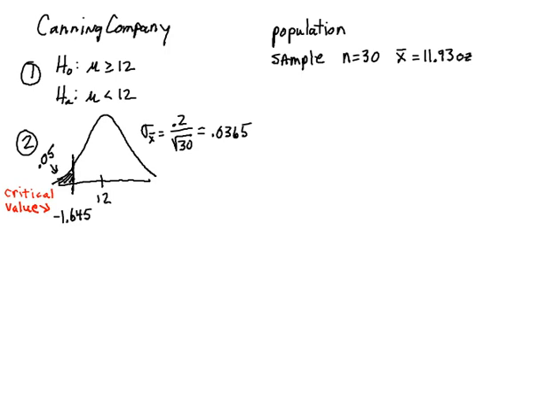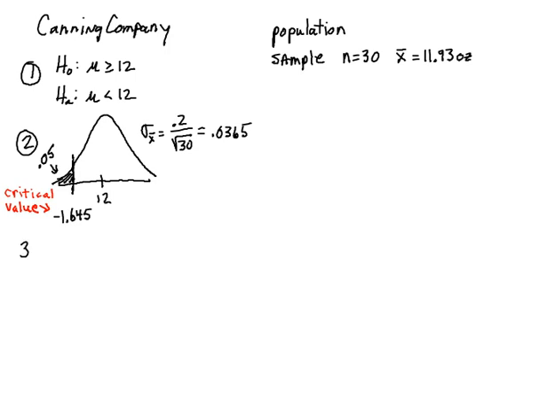What side of that decision line is the 11.93 ounces? All we need to do is to calculate its z-score, also called the test statistic, and compare it to the critical value. If that test statistic is less than negative 1.645, then we'll reject the null hypothesis.